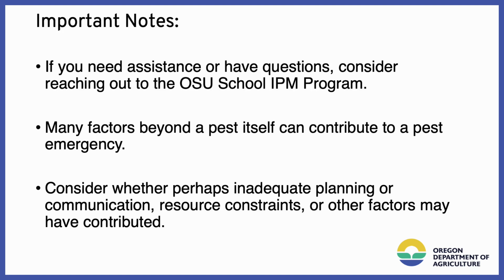The pest itself may only be one factor that contributed to a pest emergency. Consider whether inadequate planning, communication, resource constraints, or other factors may have contributed. Recognize that some factors may be outside of your control. For example, the school's governing body may be better positioned to address problems related to the lack of resources for pest prevention.